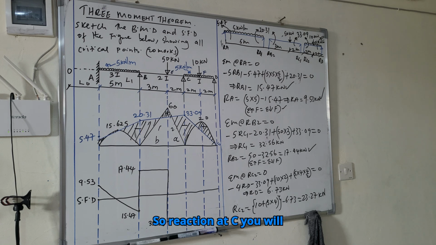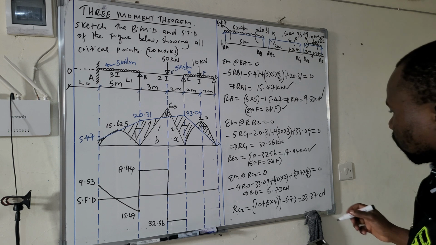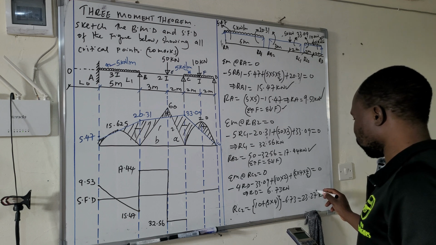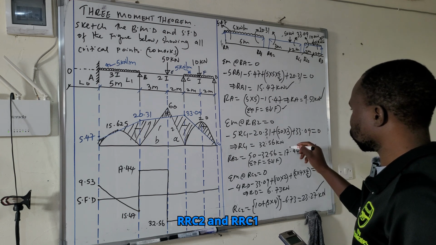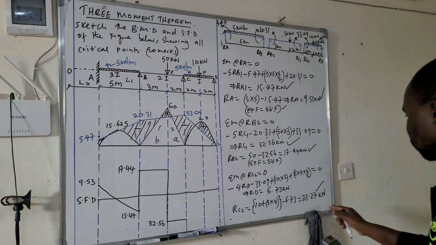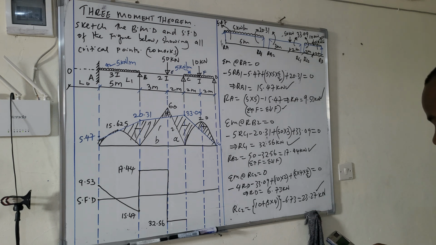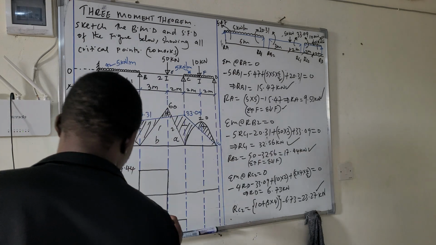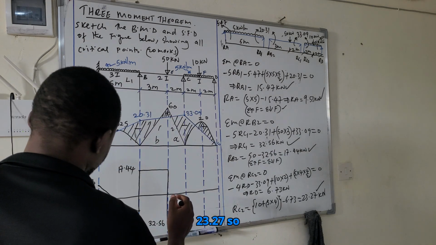At the reaction at C, you will add to negative 32.56 the reactions RC2 and RC1. So plus 32.56 plus 23.27. So you get 23.27. Again, you approximate 23.27.